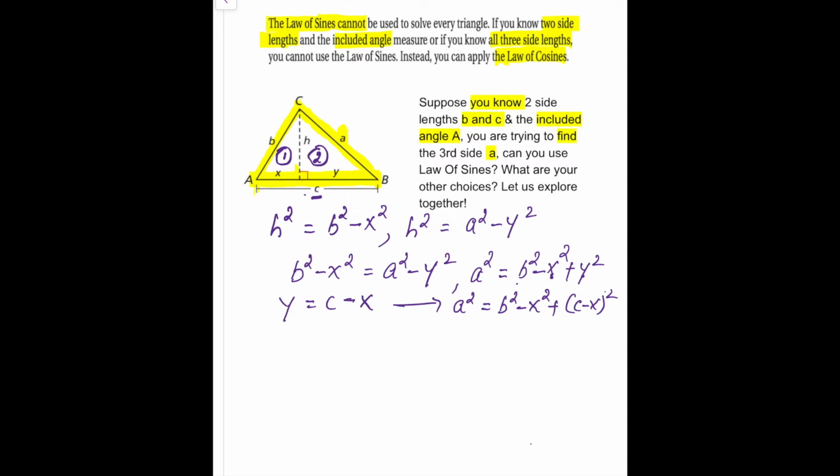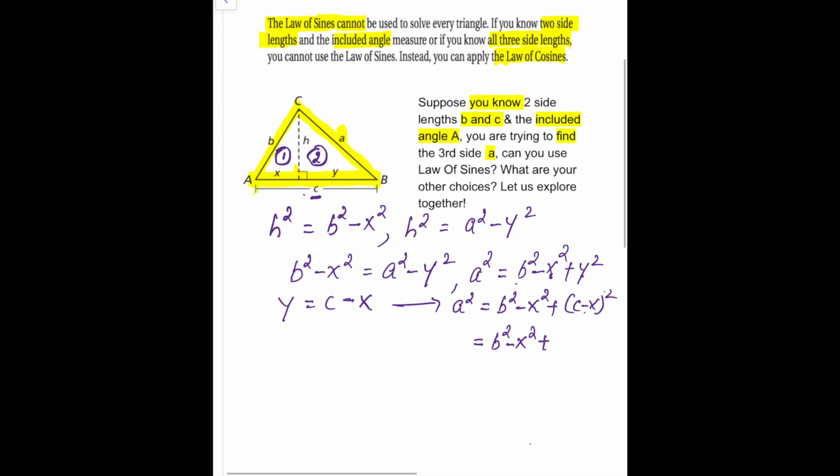It is just like multiplying c minus x times c minus x. Use the area model. When you expand c minus x squared, you get c squared plus x squared minus 2cx.